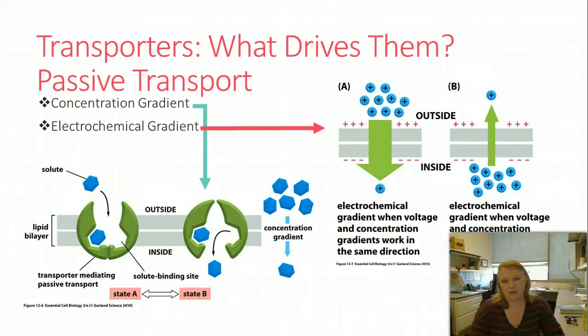If the electrochemical gradient's the opposite, then it does work to the same extent, but to a lesser extent. And so you can see how this charge will work. And I know this electrochemical charge might be a little murky, but hopefully we'll clear that up in just a second.